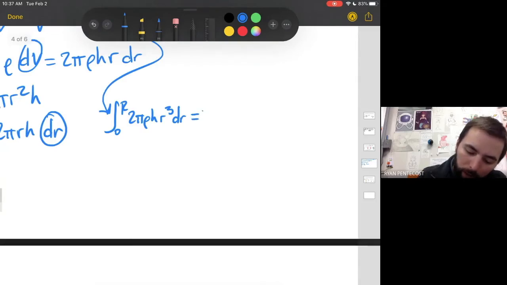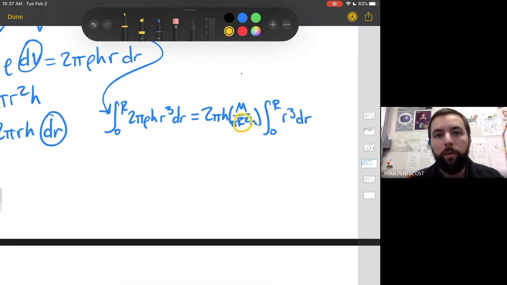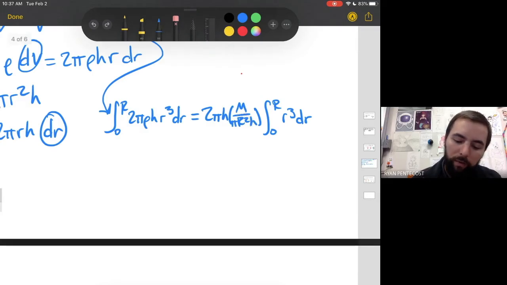So then we have 2 pi h times m over pi R squared h times the integral from 0 to R of r cubed dr. Now, again, you have to use the capital R on your density. If you use the lowercase r, that implies that it's going to change and it can't come out of the integral. But it's not going to change. The density is set for that object.